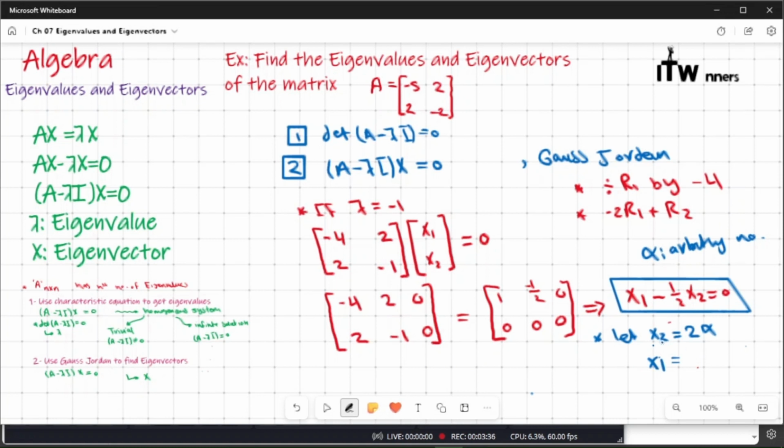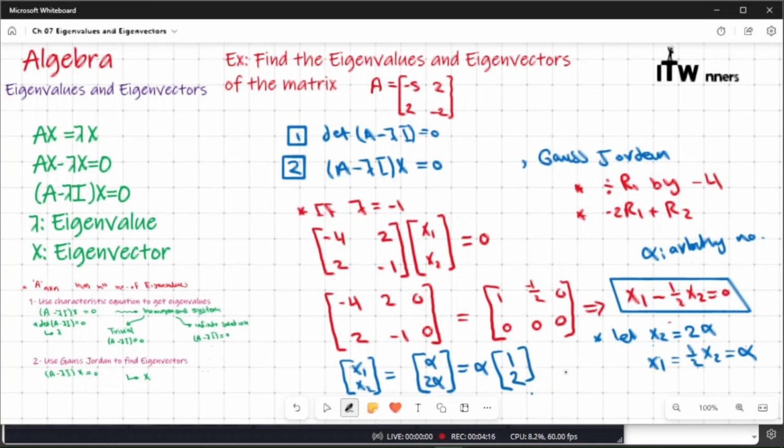1 half x2. So x1 will equal to alpha. Okay, so I can write my eigenvector here. x1, x2 will be equal to alpha, 2 alpha, which equal to alpha times 1, 2.